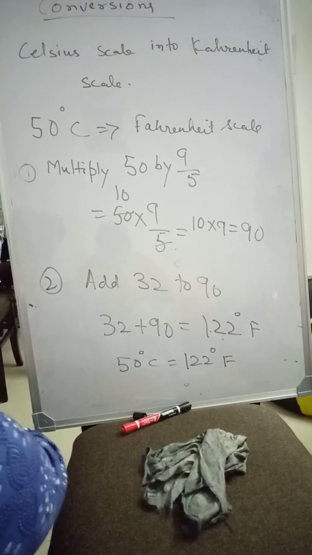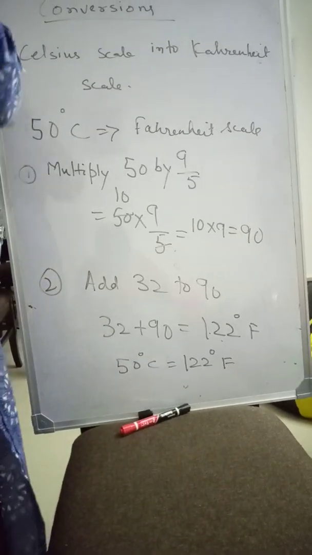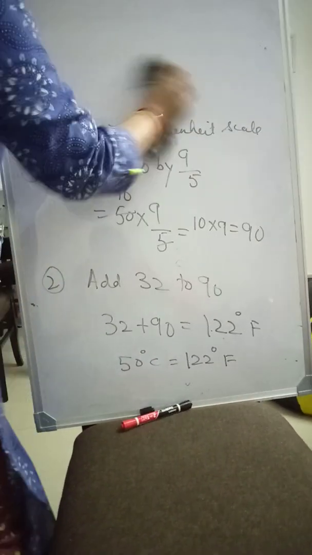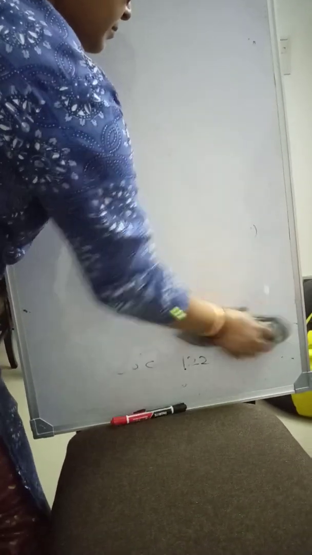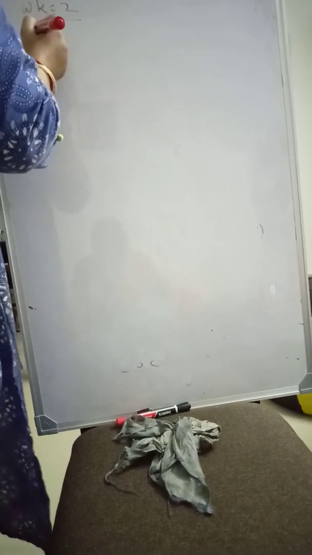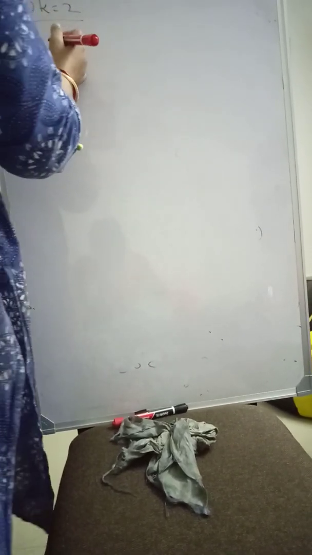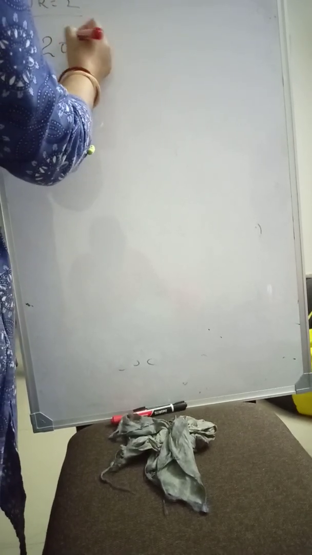Now let us go to worksheet number 2. In worksheet number 2, question number 1. Convert the following temperature in Fahrenheit scale. For example, 20 degree centigrade.